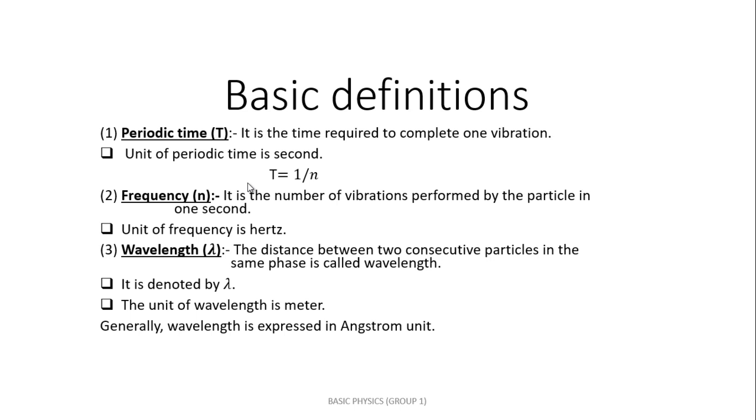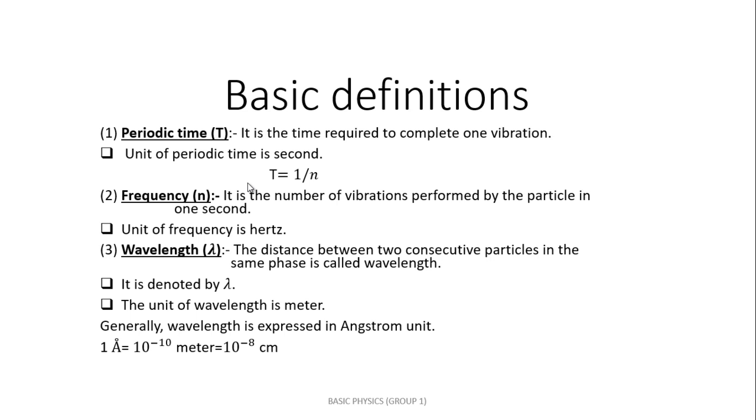So 1 angstrom is equal to 10 raised to minus 10 meter and 10 raised to minus 8 centimeter. Many times asked in MCQ, 1 angstrom is equal to how much meter or how much centimeter. So this is the equation and related terms. 1 angstrom is equal to 10 raised to minus 10 meter and 10 raised to minus 8 centimeter.